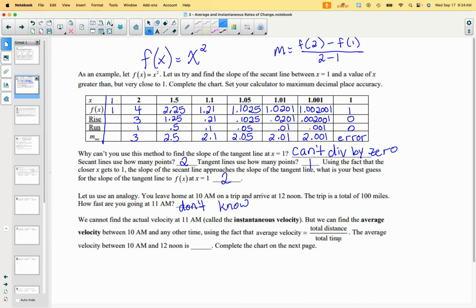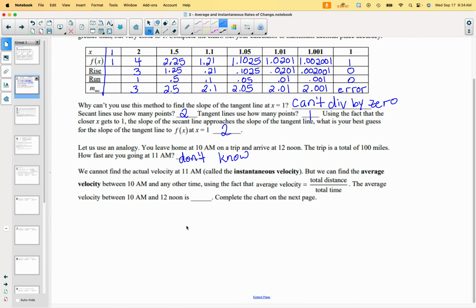So the average velocity between 10 a.m. and 12 noon: we're going to take the total distance, which was 100 miles, and divide by the total time, which was 2 hours, and so we get 50 miles per hour. Okay, so that makes sense.